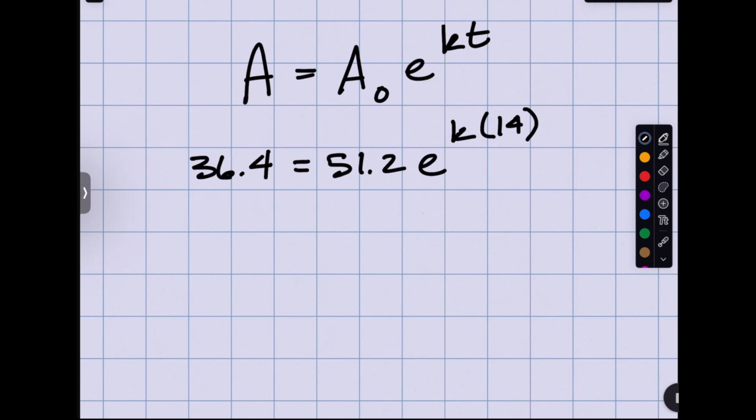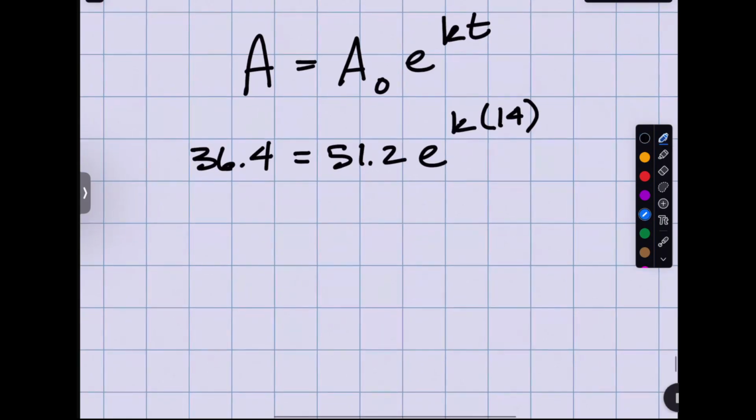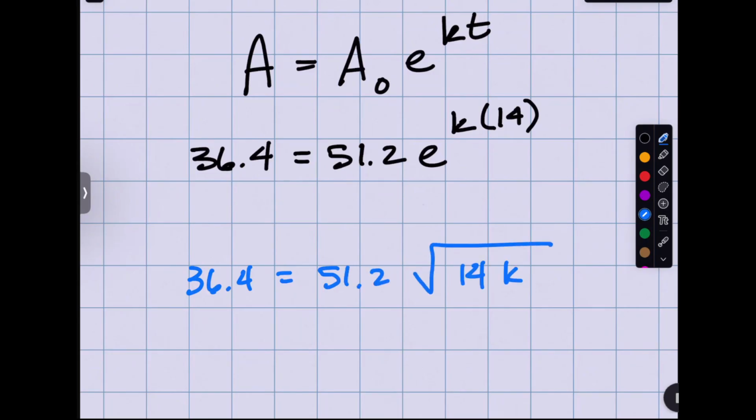For whoever is stuck, let me give you a sample of what you might think of. Okay? What if that was the problem? What would you do first? You definitely would not square both sides.